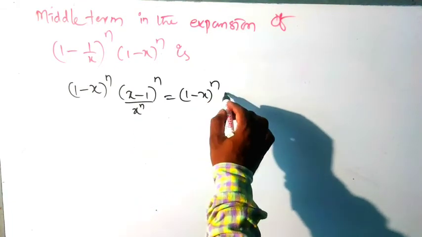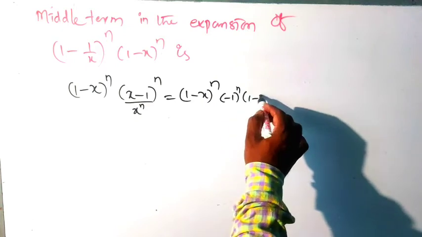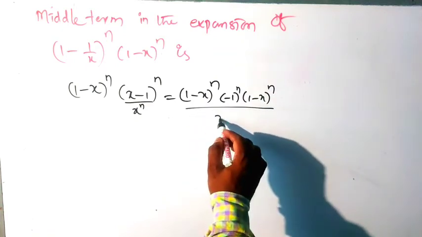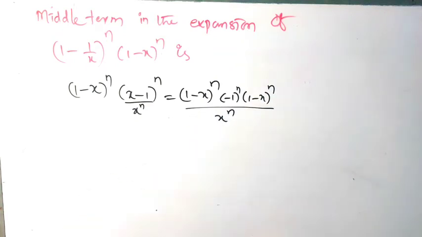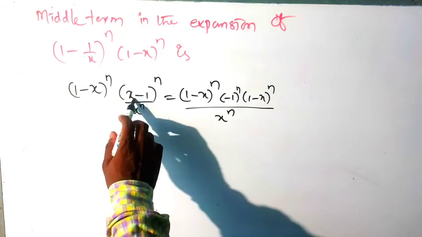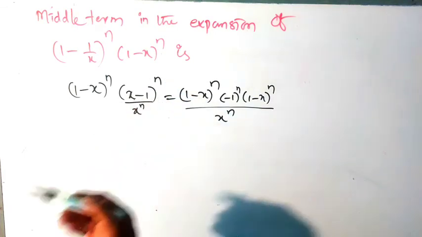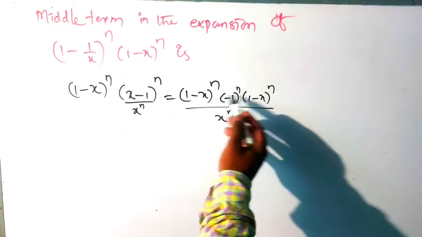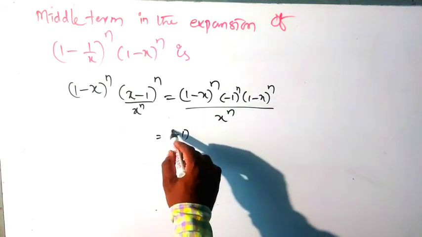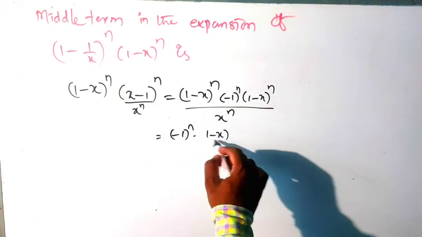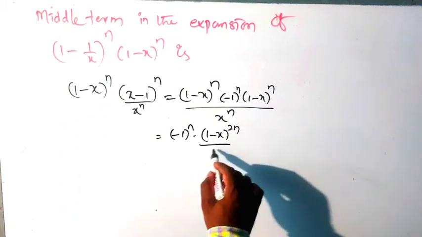Taking minus 1 common, we get (-1) whole power of n, into (1 - x) whole power of 2n... that is, (-1) whole power of n into (1 - x) whole power of 2n, divided by x to the power of n.